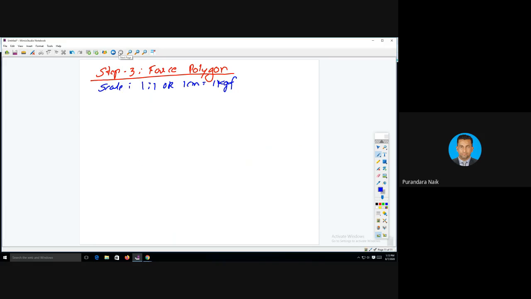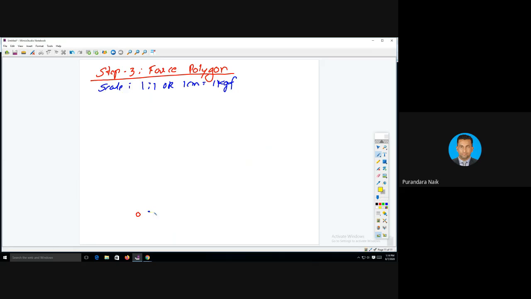So let us draw. Let us start from a 0 point. This is the point O. Start here and draw a reference line. The reference line is nothing but the 0-degree line.